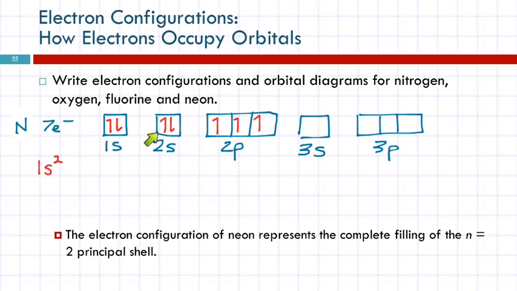The 2s room has 2 in it. 2s2. This is the 2p room, and there are 3 electrons. So 2p3. If you take these superscripts and add them up, 2 plus 2 plus 3 equals 7. Everyone's accounted for.